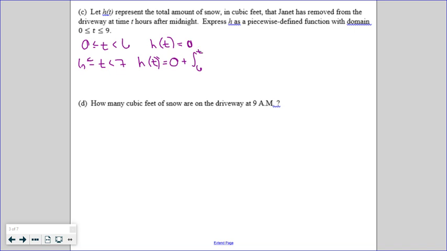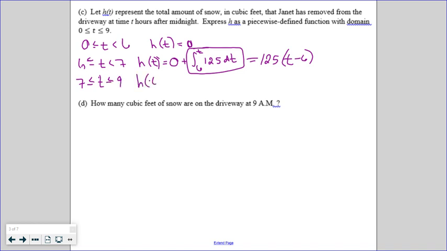That's happening at a rate of 125 cubic feet per hour. Remember that if we are looking at a constant function, that's the same thing as the constant times the difference in your interval, which would be t minus 6. Since we're adding that to 0, that really does become h of t for the time from 6 to 7. Okay, and then our last part is from 7 until 9.